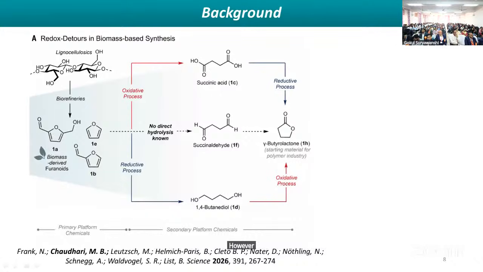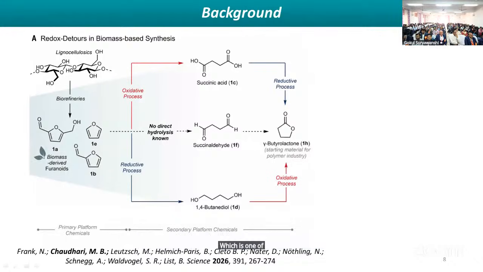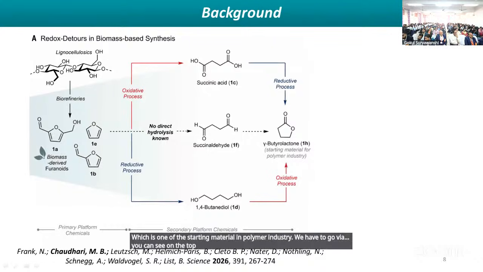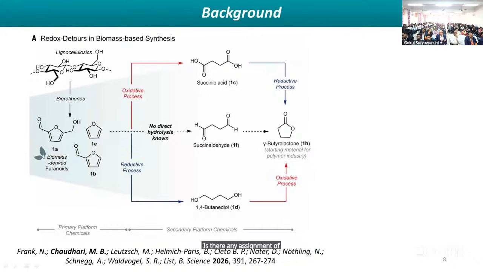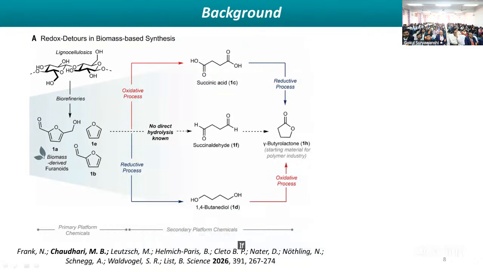However, if you want to convert them into valuable compounds, such as butyrolactone, which is one of the starting materials in the polymer industry, we have to go via, as you can see on the top portion, marked with a red arrow, oxidative steps. Here we need to use some oxidant to get an acid and then again reduce it to get the butyrolactone. If we use the other approach, we first have to do reduction and then oxidation. So we cannot avoid these two steps.